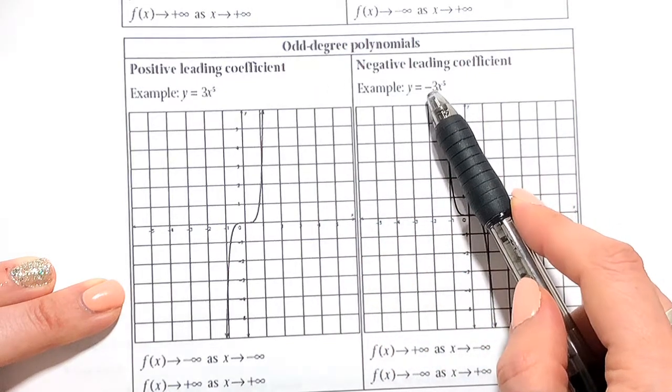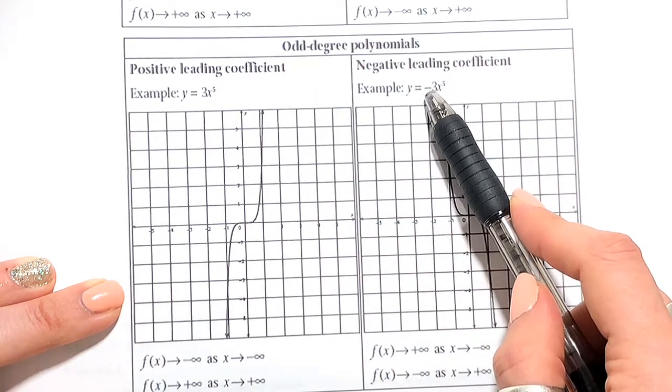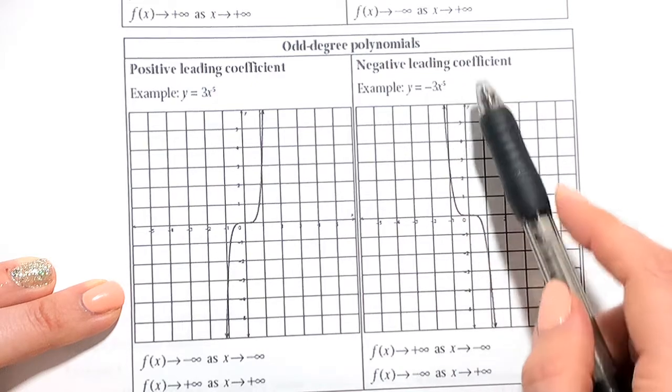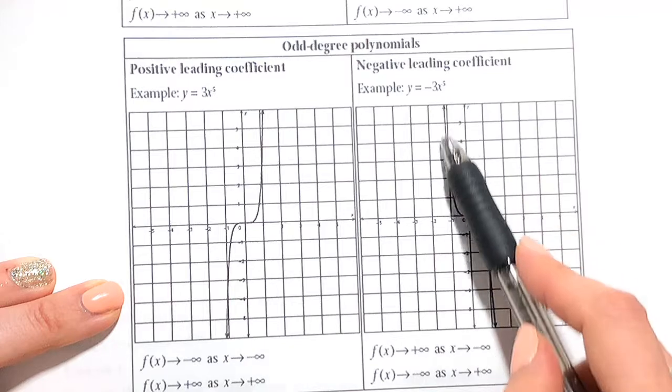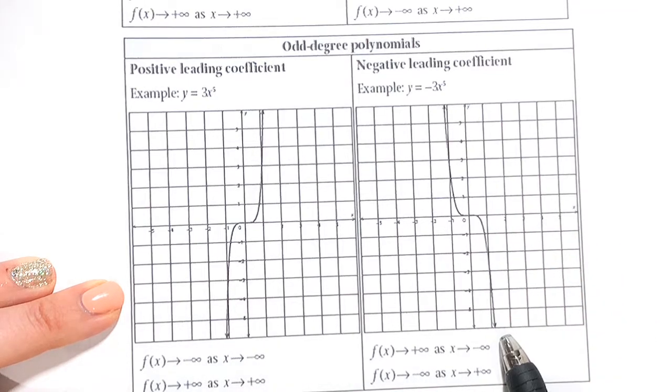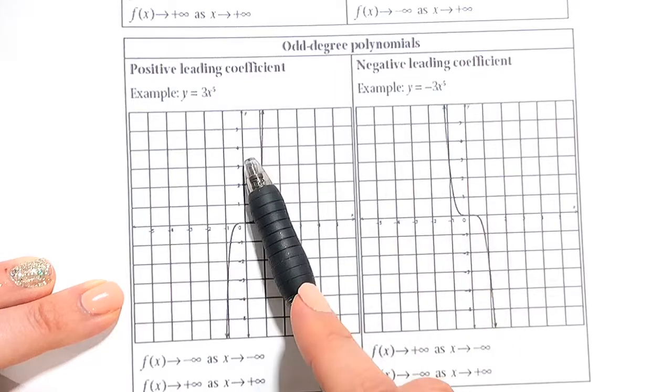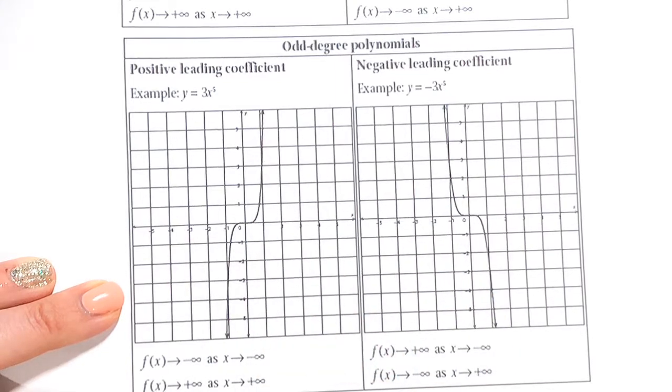And on the flip side, if it's a negative coefficient and an odd exponent, you're going to start going up on the left, and then you're going to go down to the right. I think these two are the harder ones to tell apart just because the shapes are so similar.